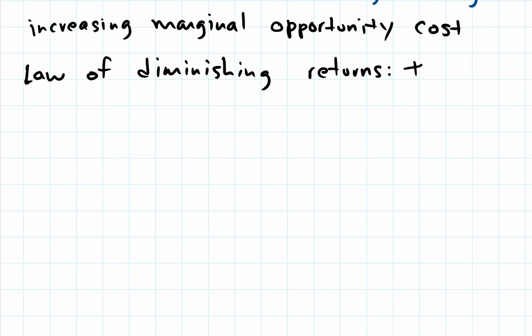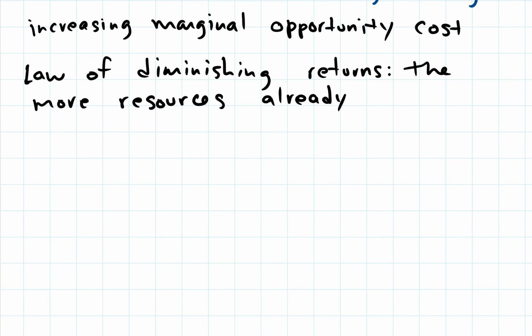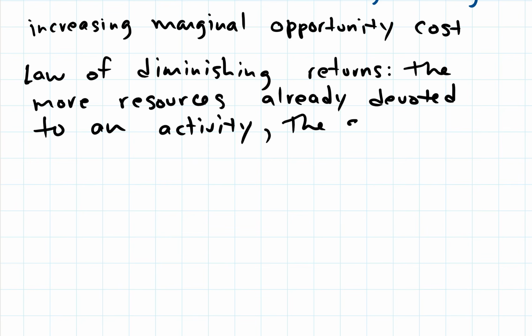Basically it tells us the more resources you've already devoted to an activity, usually the smaller the payoff is going to be for devoting additional resources to that.